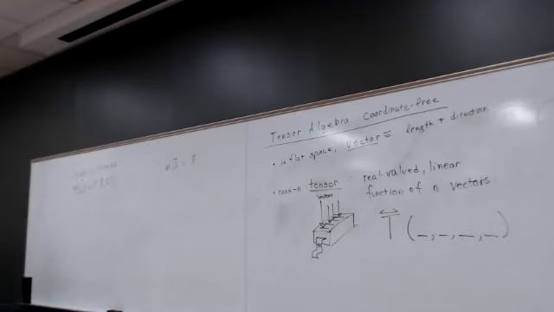And now I don't have empty slots. So now I've taken vectors and I put them into the tensor's slots, and I'd like to get out of this some real number. But in this first slot, I have the sum of a scalar times a vector.